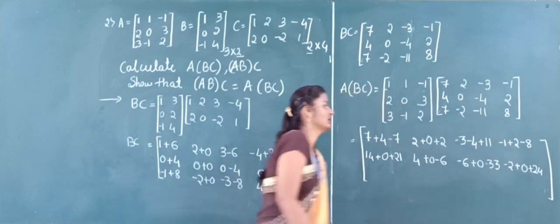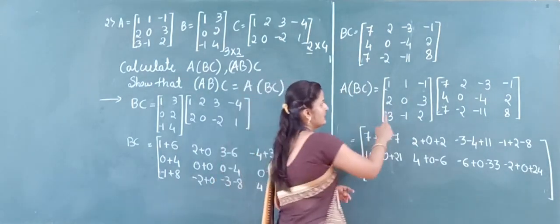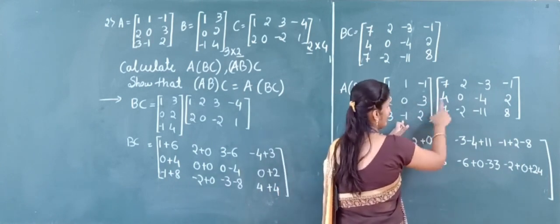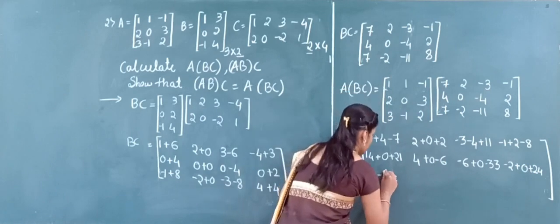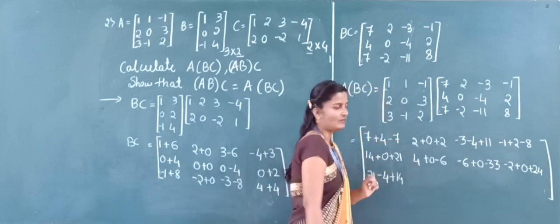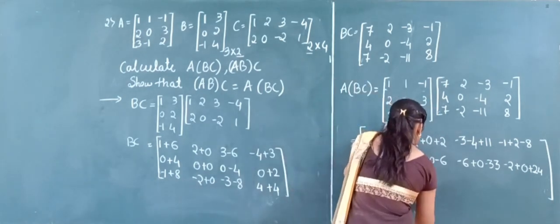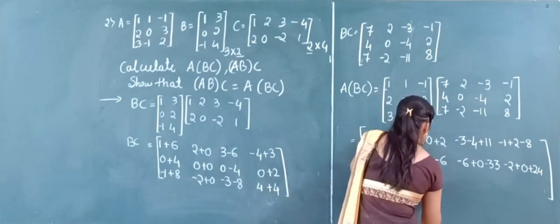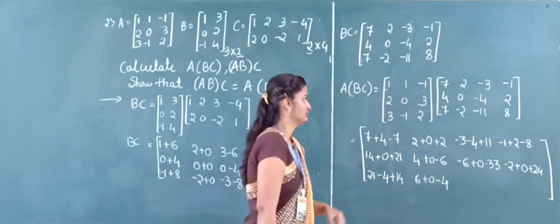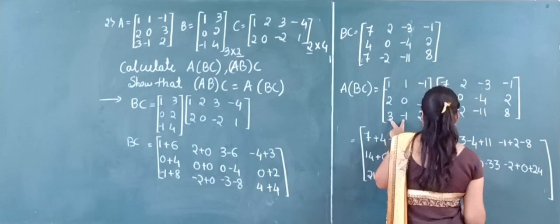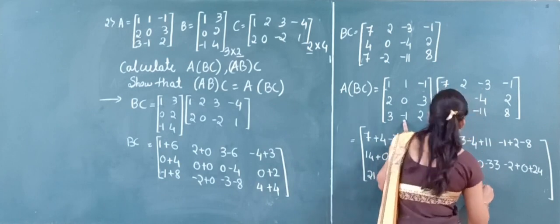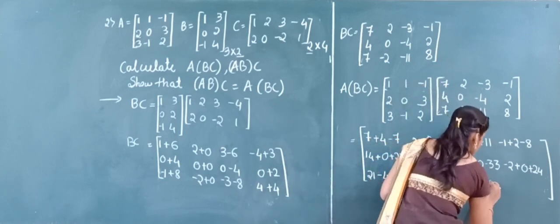Next, our last row. 3 into 7 is 21, minus 1 into 4 is minus 4, 2 into 7 is plus 14. 3 into 2 is 6, minus 1 into 0 is 0, 2 into minus 2 is minus 4. 3 into minus 3 is minus 9, minus 1 into minus 4 is plus 4, 2 into minus 11 is minus 22.